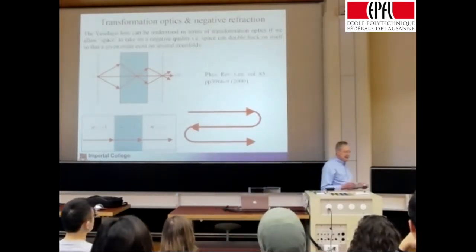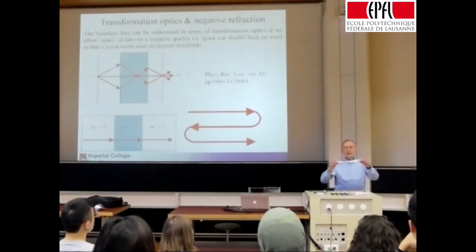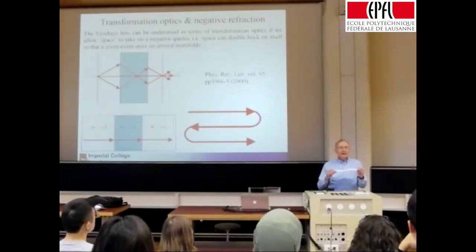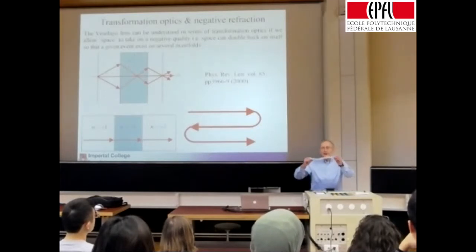So I'm going to take some material, which is just empty space, and I'm going to make a piece of negative refraction out of it. I'm going to do it in this way. I compress the space, and as I compress, you increase and you decrease. As you compress more, you increase and you decrease a lot.